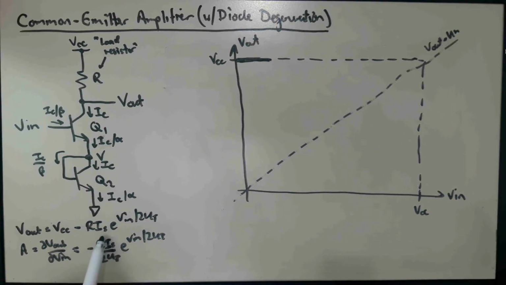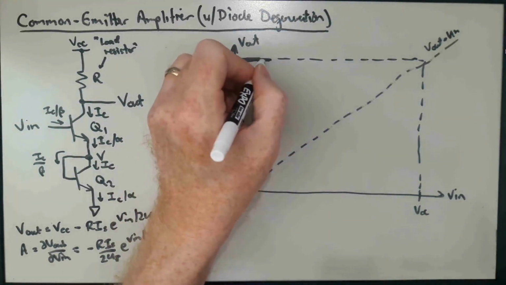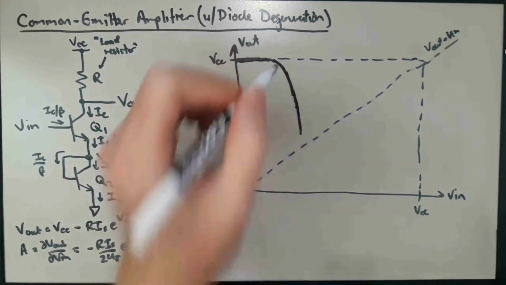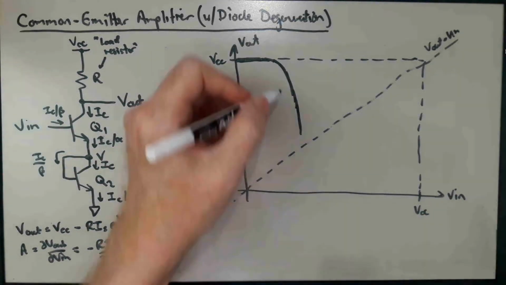It doesn't take too many orders of magnitude to get from a femtoamp up to a milliamp, right? And so within a couple of volts, this is going to take off, and it's just going to peel down very rapidly at an increasing rate because it's an exponential. Okay?